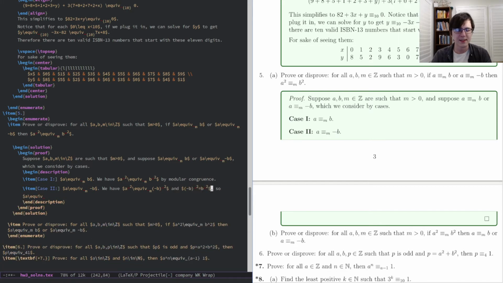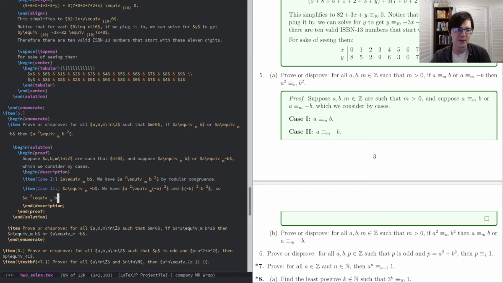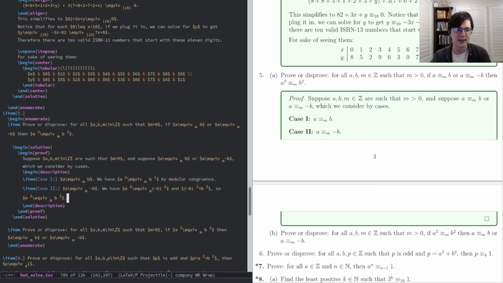I'm splitting this up because chaining equalities can get confusing if it also has equivalences mixed in. It's nice knowing why things are true. I could say that these two are just congruent, but they're also equal, which is stronger, and it's easier to see what the reason is. Okay, so a squared is equivalent mod m to b squared.